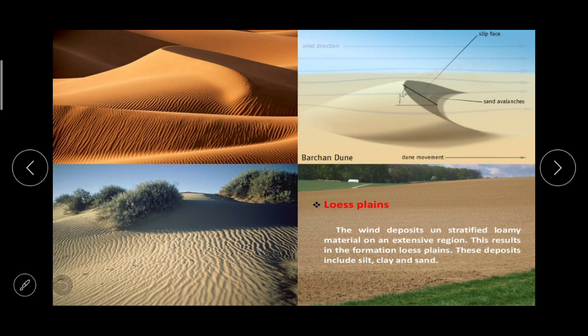As a result, specific landforms are formed, that is sand dunes, barchans, seifs, ripple marks, loess plains, etc. These are formed by wind deposition. The wind deposits stratified loamy material on an extensive region. This results in the formation of loess plains, and these deposits include silt, clay and sand.